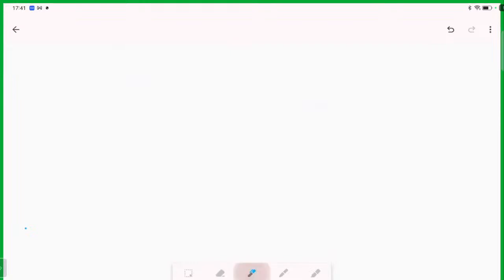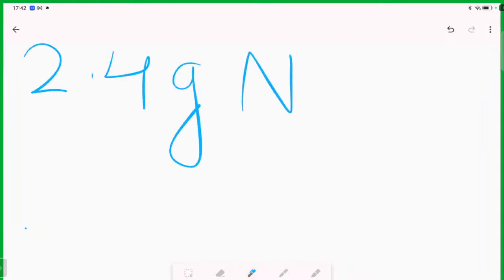Okay. So the next question is about when we are given 2.4 grams of NaOH. This is the next question. 2.4 grams of NaOH is given.